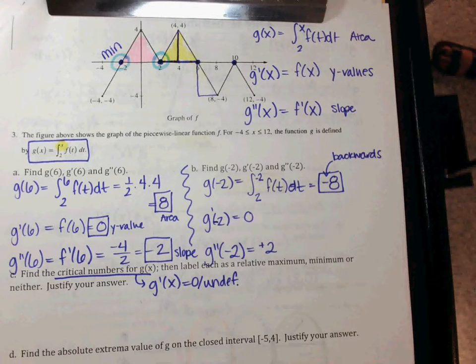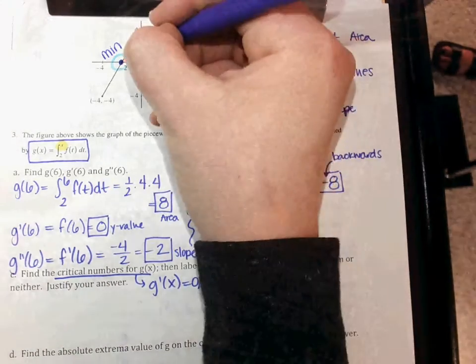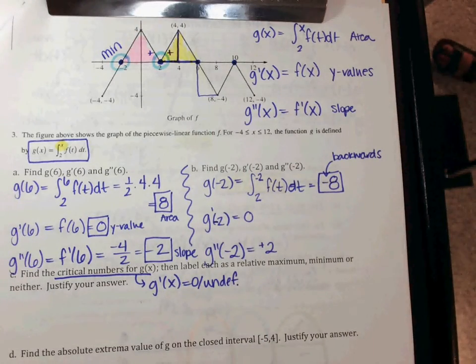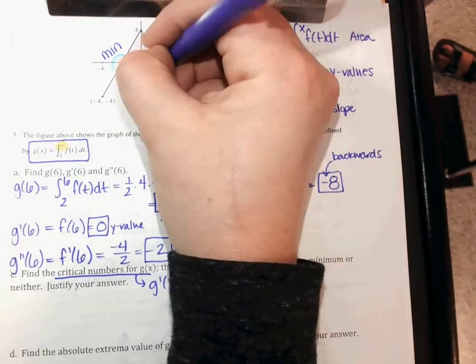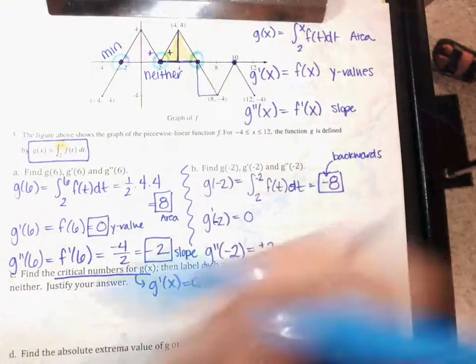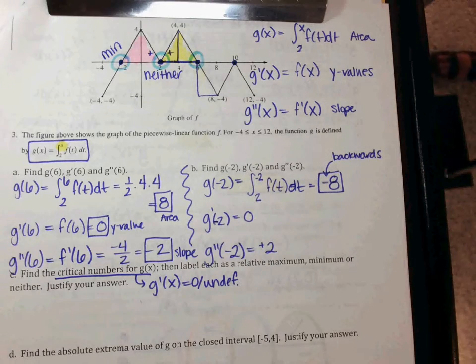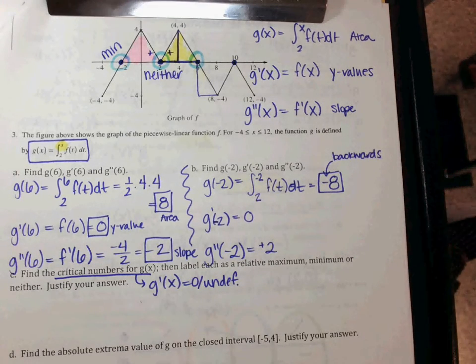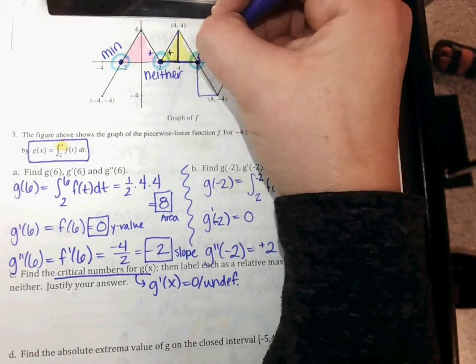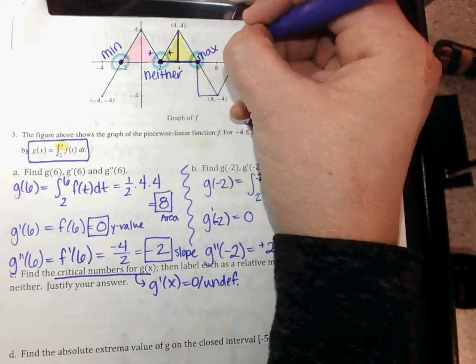Why? Did it change sign? No, it went from plus to still plus. Remember, you're not looking at slope, you're looking at the y values. So that would be a neither. Okay, what about this one? Would it be just neither, or would it be undefined? You would just say neither. Okay, and then at 6 it would be a max. Very good. What about at 10? Neither. Okay.